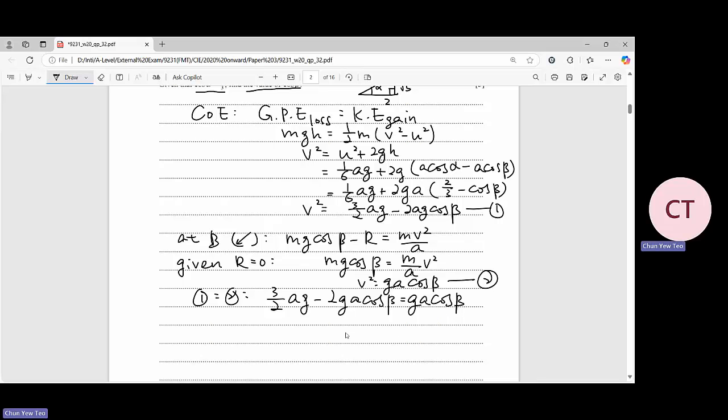If you simplify, ga cancels. So you have 3 cos beta equal to 3/2, so your cos beta is equal to half. We are looking for cos beta, so the answer is cos beta equal to half. If we are looking for beta, then beta will be 60 degrees. So we have done the answer here. This is the answer for question number 1.